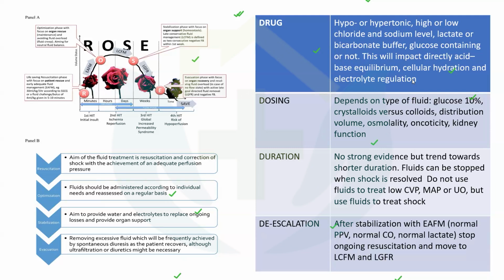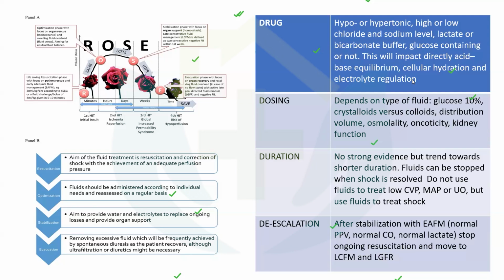We don't need to chase the fluid. It is the evacuation phase. That is frequently spontaneous recovery, although ultrafiltration or diuretics might be necessary. So at that phase, we have to put the patient in negative balance. It is a generalized point for all types of shock, but it will change slightly according to the type of shock, right? So the ROSE protocol is an important question for exam.